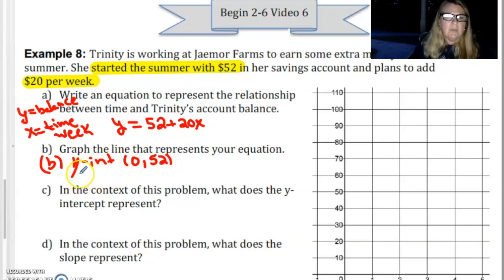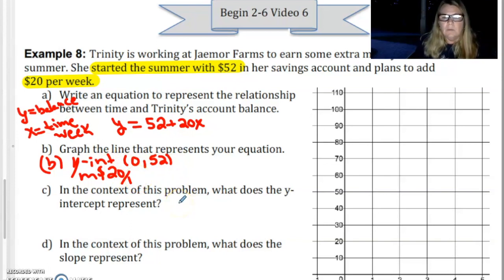Then we need our slope, our m. We said slope can be a rate of change or the units per week. What is she getting per week? She is getting $20 per 1 week. So the rate of change, the m, is 20. We want to write it as a fraction, so it's 20 over 1.